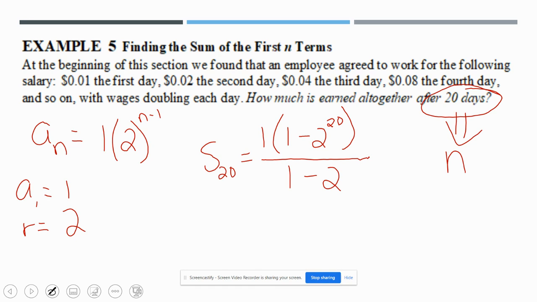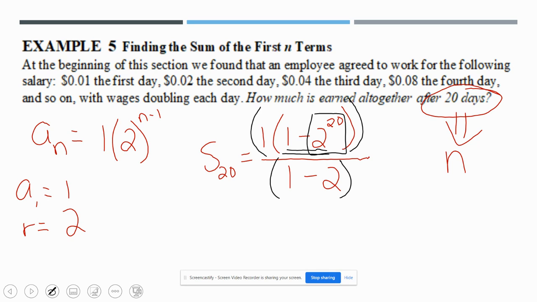If you're doing all of this together in one big lump in your calculator, you're going to have an extra set of parentheses here and here. I'm not quite fond of doing that myself, but try it, see how it goes for you. Just a reminder too that you cannot do 1 minus 2 to get negative 1 to the 20th power. You have to do 2 to the 20th first, then subtract that from 1.